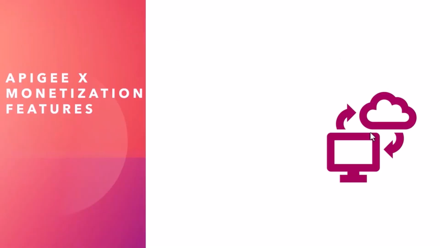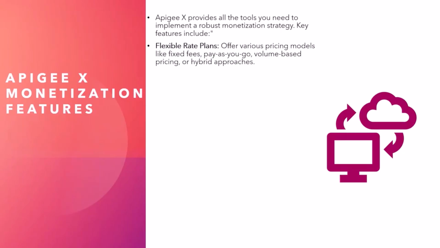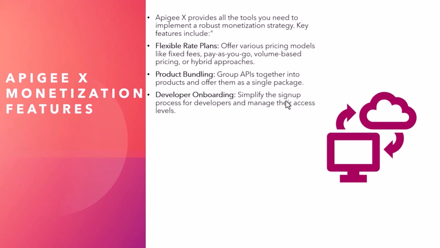Now, what are the Apigee X monetization features? This provides all the tools you need to implement a robust monetization strategy, and the key features are these: flexible rate plans, which offer various pricing models like fixed fees, pay as you go, volume-based pricing, or hybrid approaches. You are able to group APIs together into products and offer them as a single package.